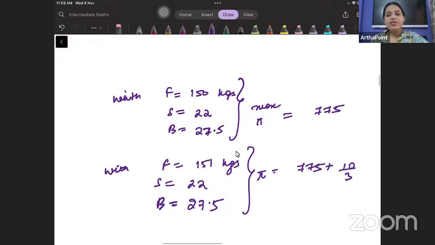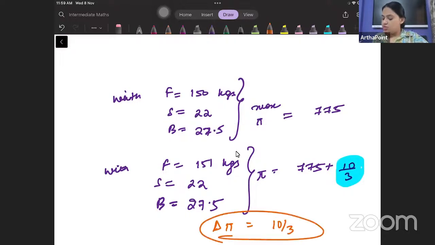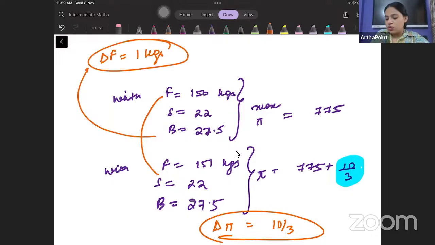तो बेटा profit कितने से बढ़े? How much is the increase in the profit that you see? We see that profit increased, or the change in profit that I see here is 10 by 3. When did that happen? When I increased the flour by 1 unit.